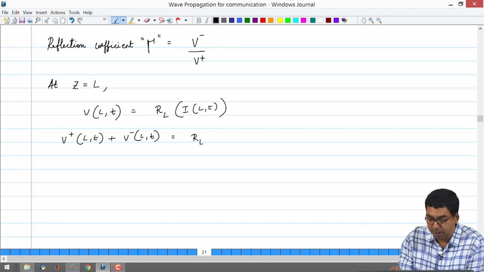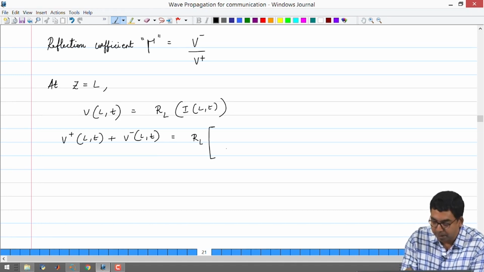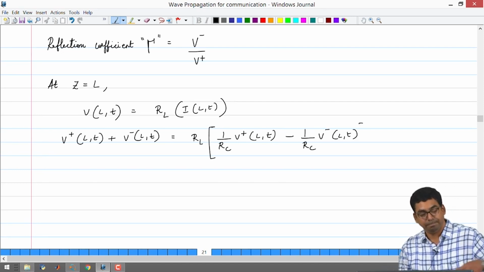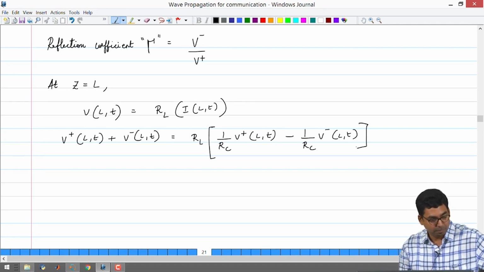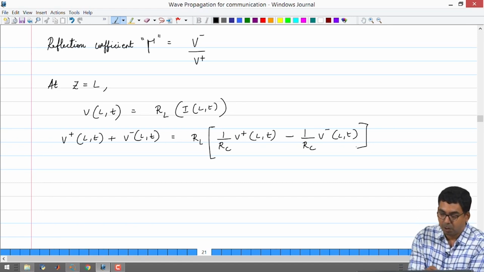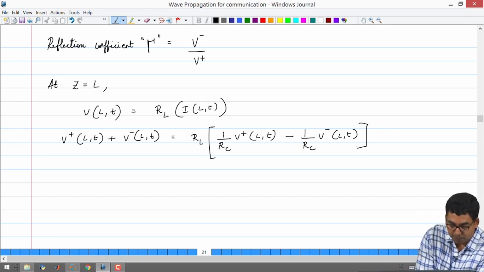We have already written this. It is going to be 1 by RC times V plus of L comma T minus 1 by RC times V minus of L comma T. One can go ahead and rearrange this equation.